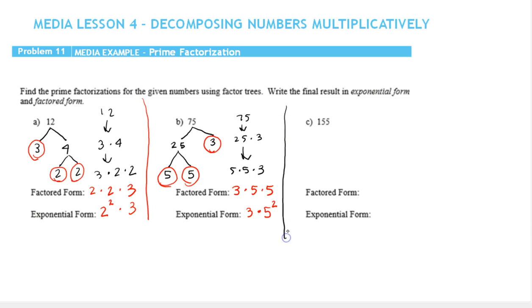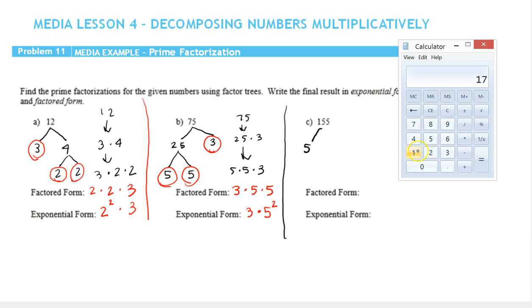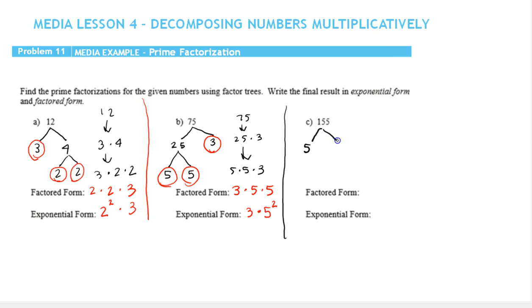Now let's look at one more. So 155, well, I see it ends in a 5, so the first thing I want to do is divide it by 5. I'm just going to go to the calculator and divide 155 by 5, and we get 31. So I know that 5 is prime.